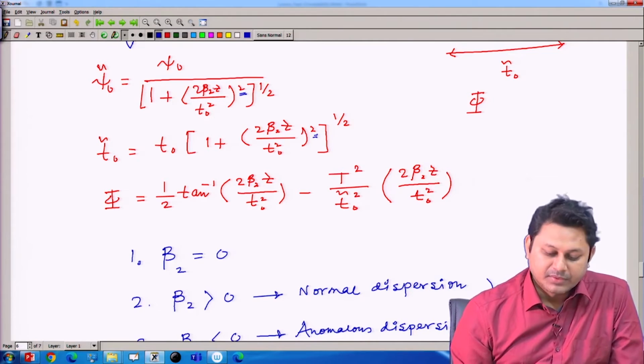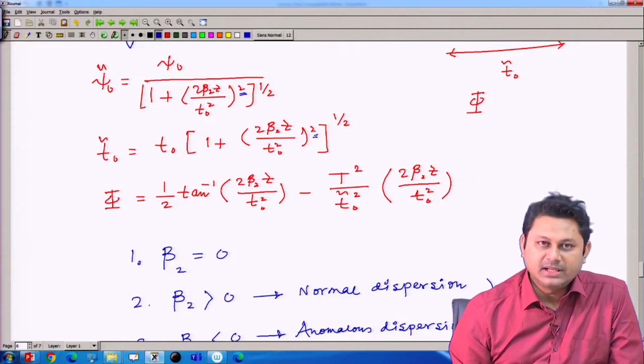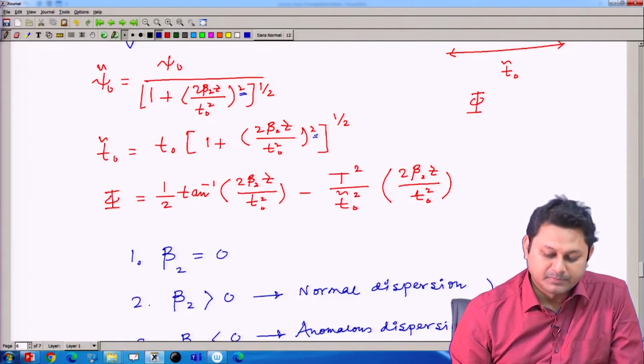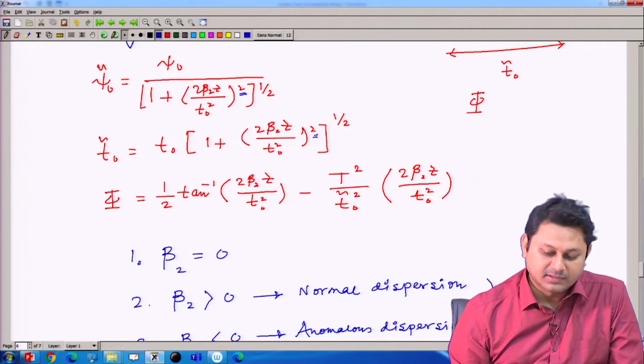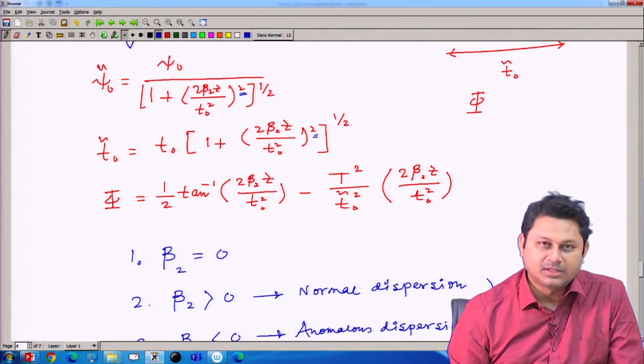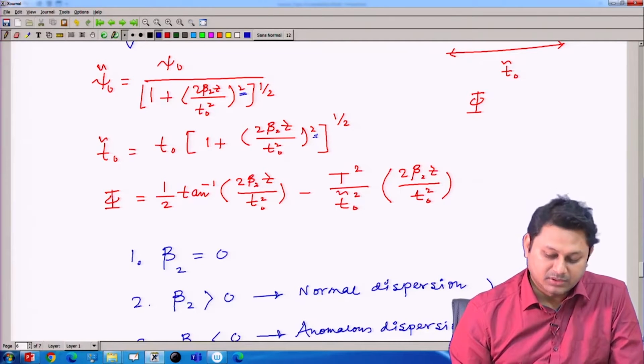So, T 0 tilde, which is basically the width of the optical pulse envelope, will also increase irrespective of the sign of beta. It may be positive or negative depending on the situation, but in both cases there will be an increment of pulse width.